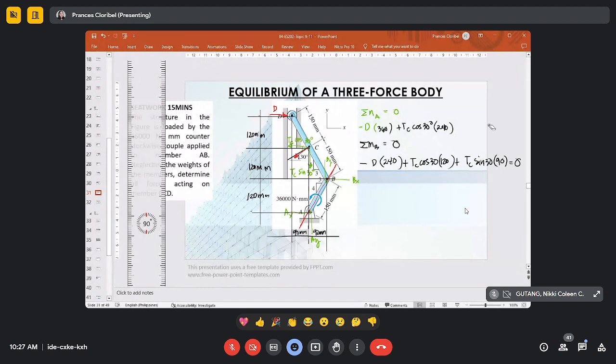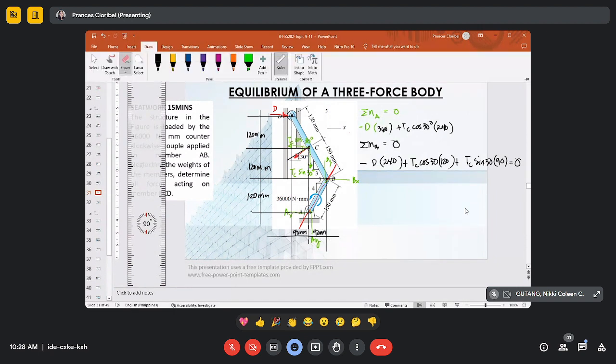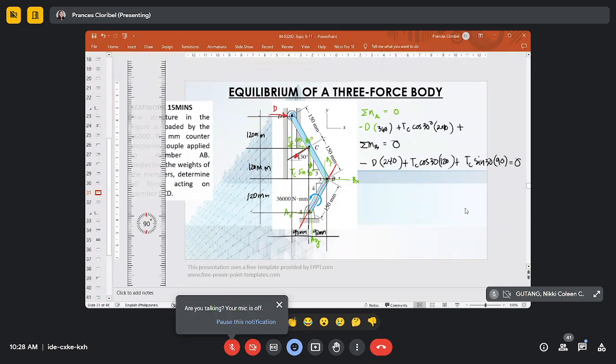Let's erase this. Summing up moment at A includes our applied force or applied couple at this AB here. So plus, because it is counterclockwise: 36,000 N·mm.